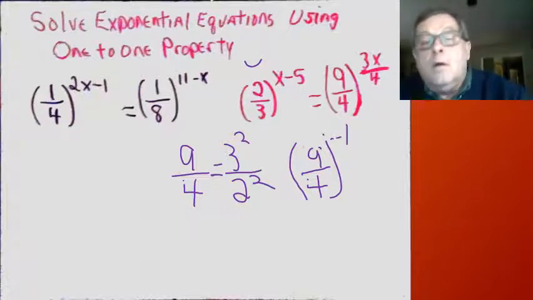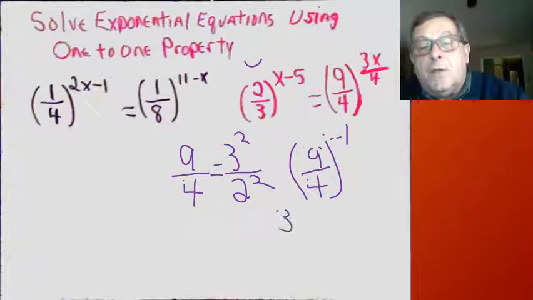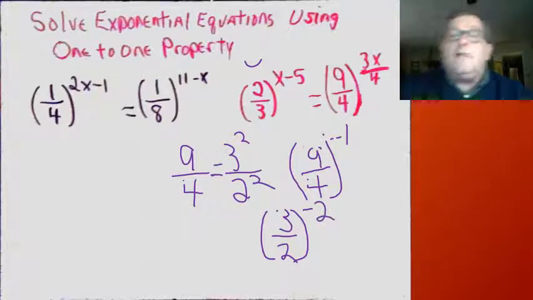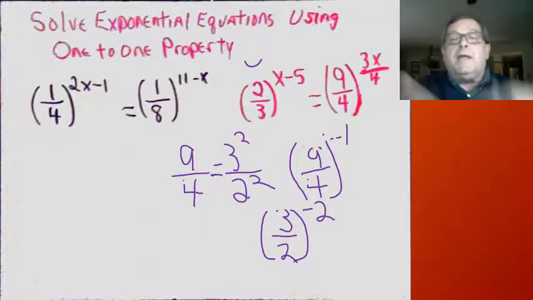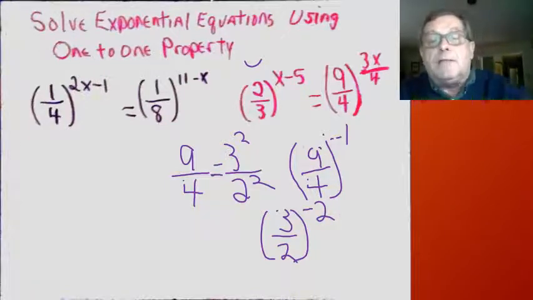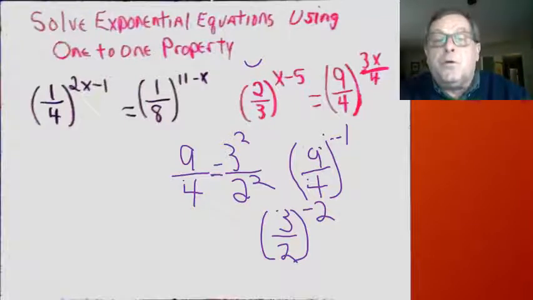Or I could say 3/2 raised to the minus 2 power. Now, if you remember, when we have a negative exponent, it just flips the number. So when I raise this to the minus 2 power, it's actually going to make that 2/3.